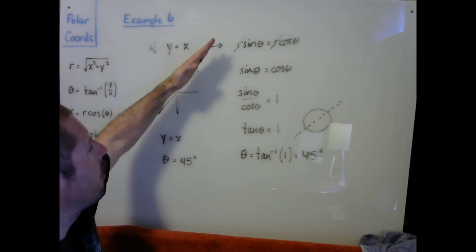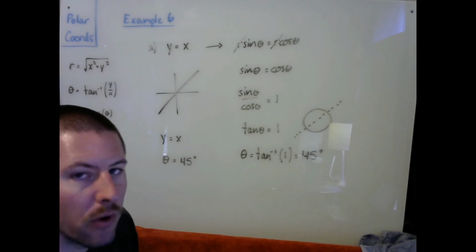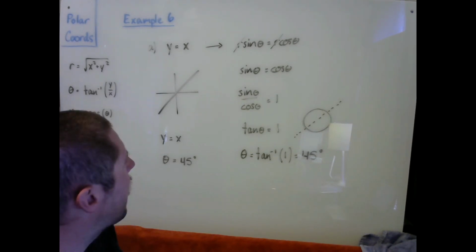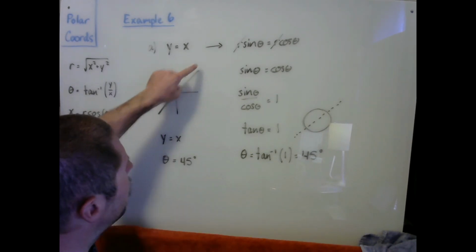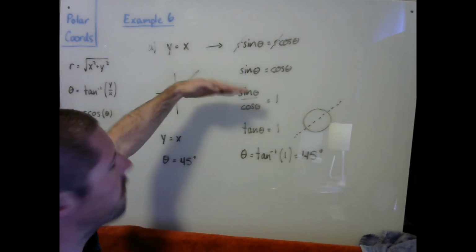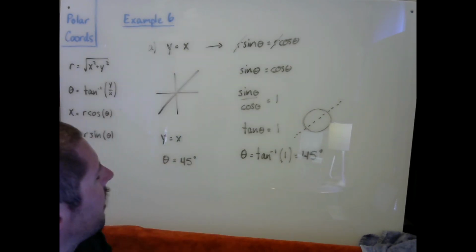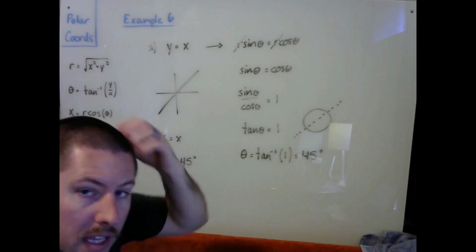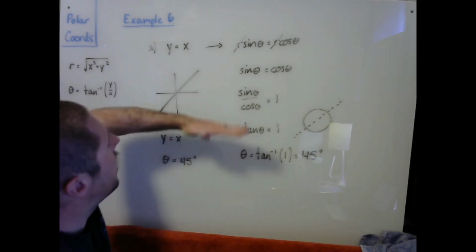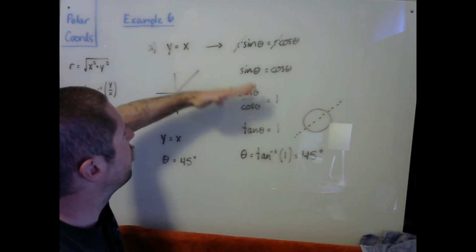It's the line of all points that make an angle of 45 degrees with the positive x-axis. Every single point, the infinite number of points on that line, they all make that 45 degree angle with the positive x-axis right there.